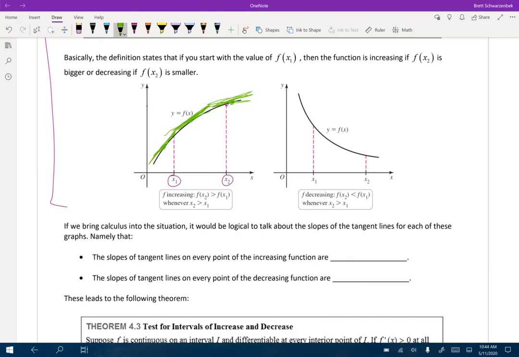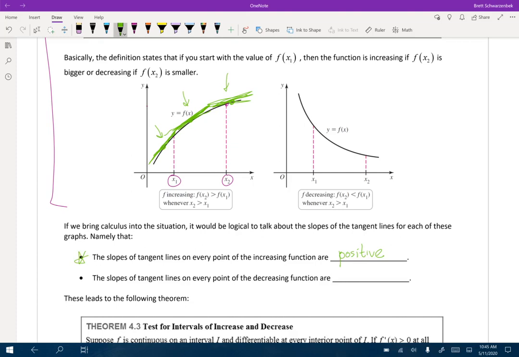What appears to be happening with all these tangent lines? What type of number would we represent as the slope of all these tangent lines? Well, it appears that they're all rising lines, so we would consider them to be positive slopes. Therefore, slopes of tangent lines at every point of an increasing function are positive. Okay, that's a big deal.